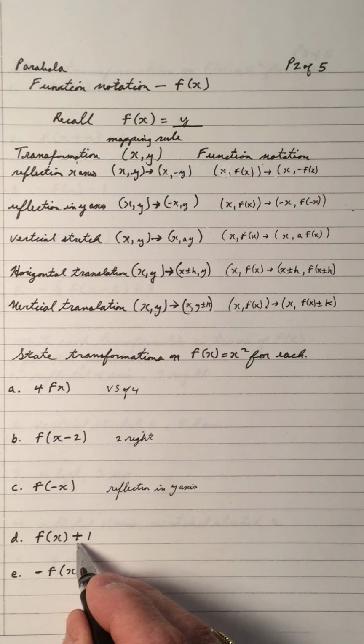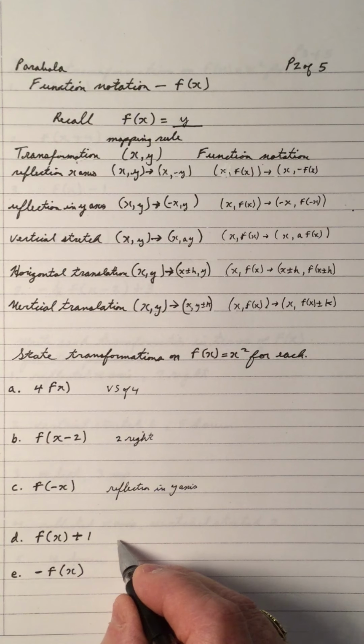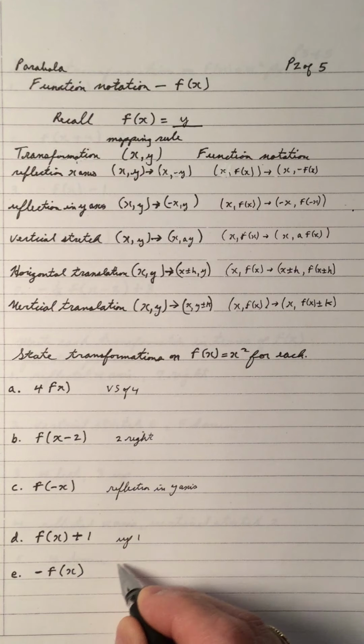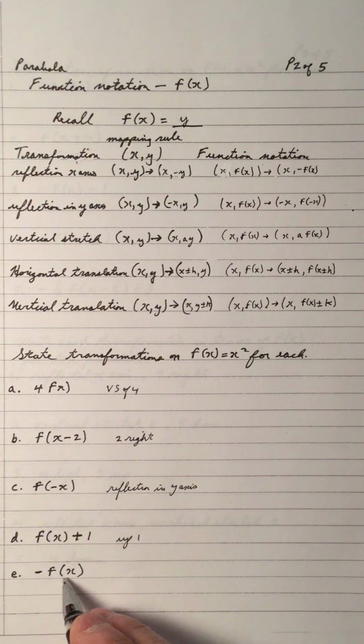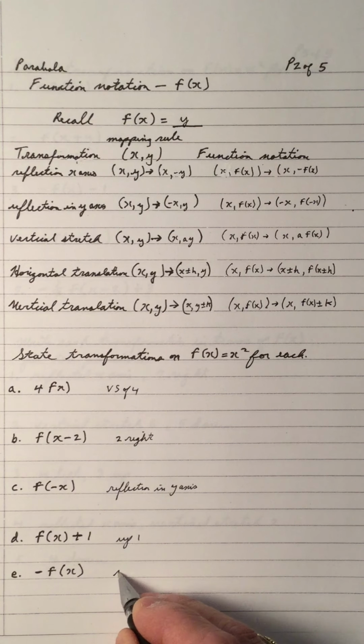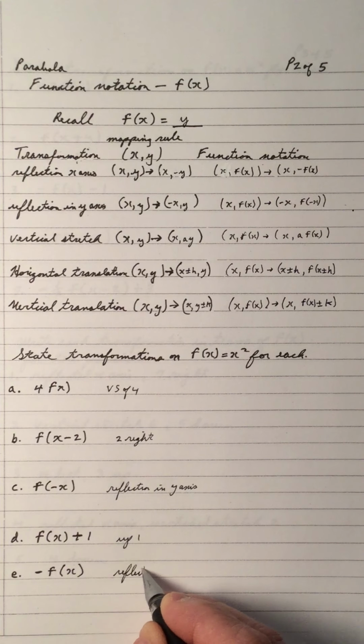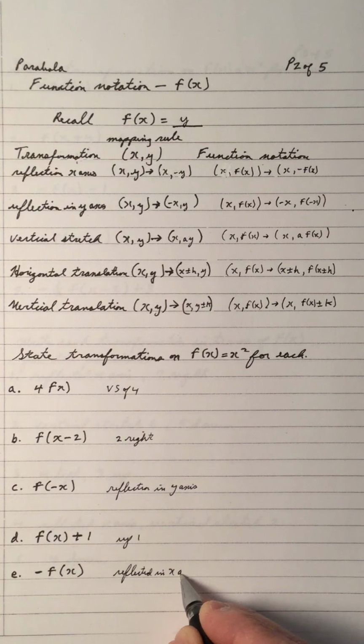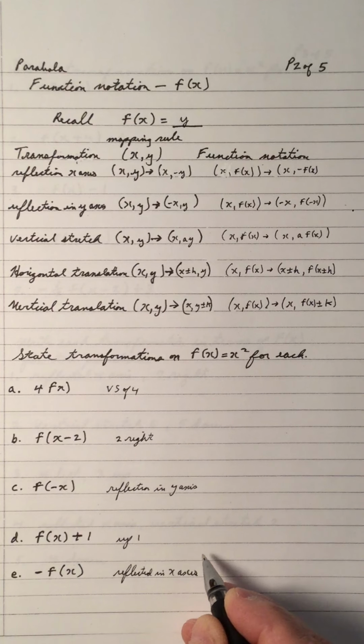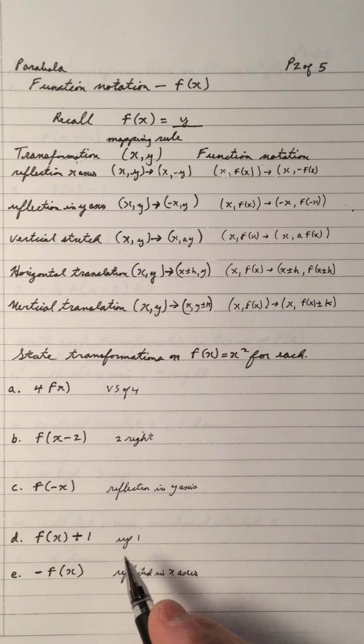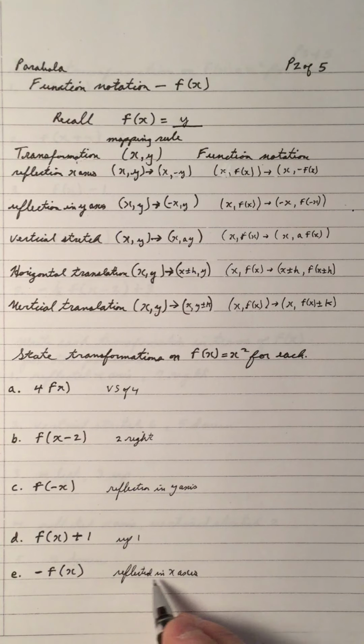F of x plus 1 is 1 added to the y, so it's up 1. And this is the negative of y, so that's a reflection in the x-axis. When you change x to a negative x, reflection in y. When you change a y to a negative y, it's a reflection in the x.